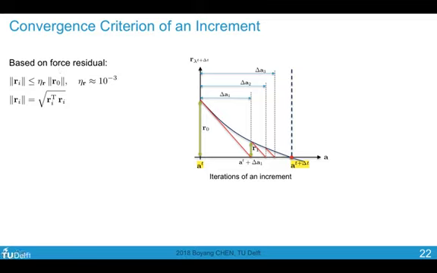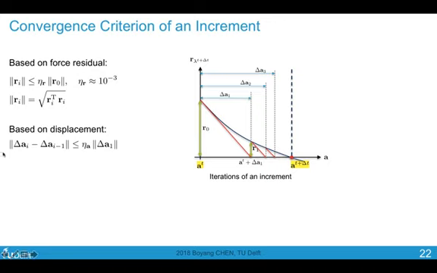This is one type of criteria. Usually, people also look at a second criteria based on displacement, because there could be cases, for instance, in the creep problem, where the force has converged long ago in the beginning, but the displacement is taking time to stabilize. Then we need to look at both the force convergence and the displacement convergence.